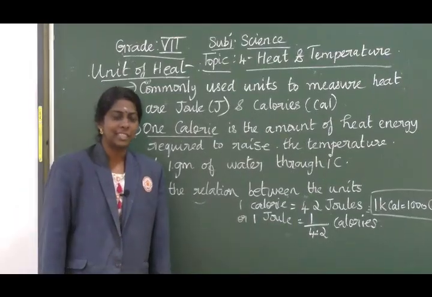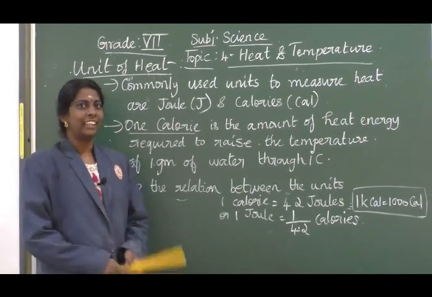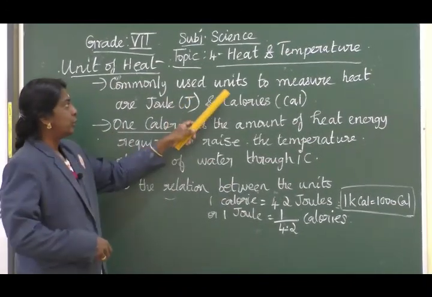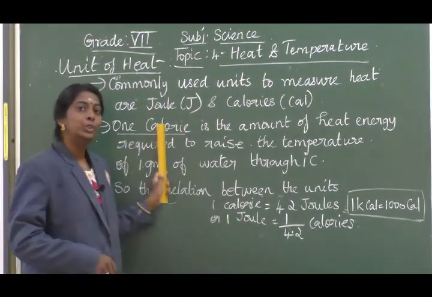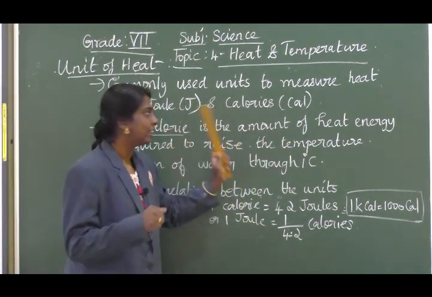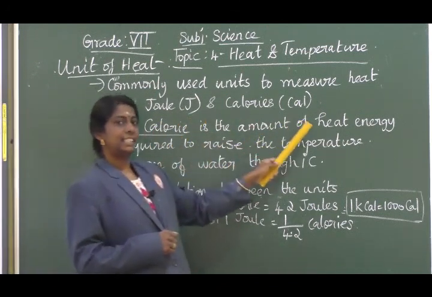Clear? Yes children, now about the unit of heat. So what is the unit of heat? The commonly used units to measure heat are joule and calories. In short, it's said to be J and CAL.